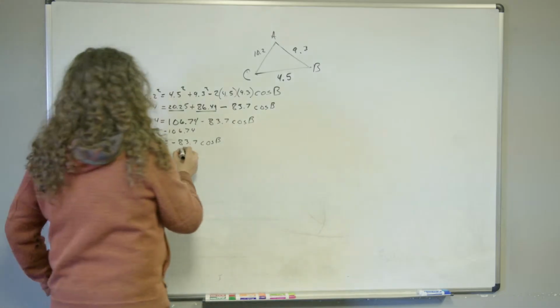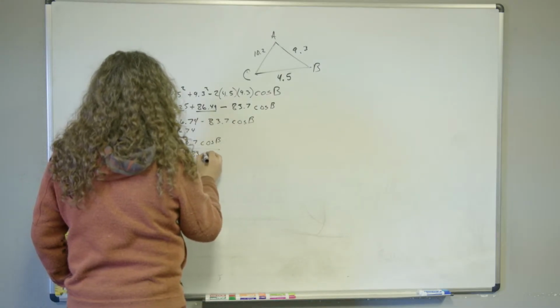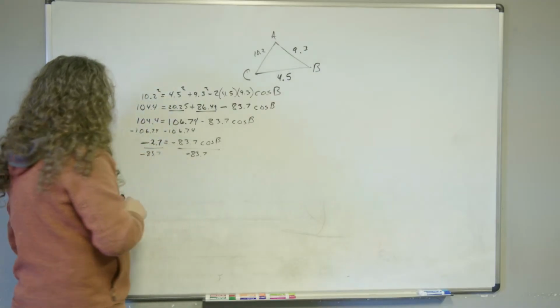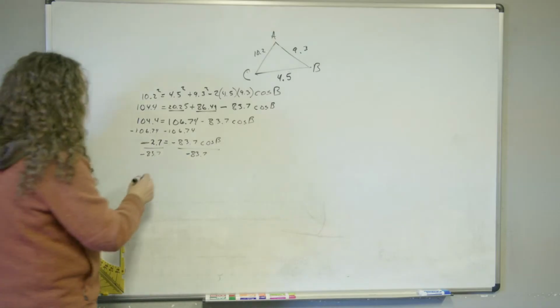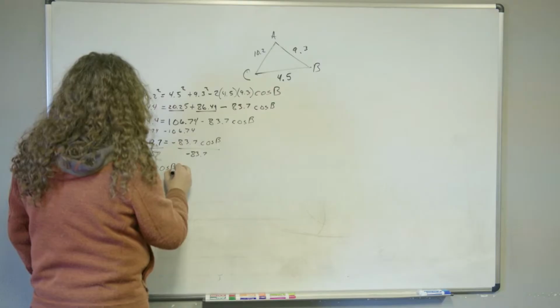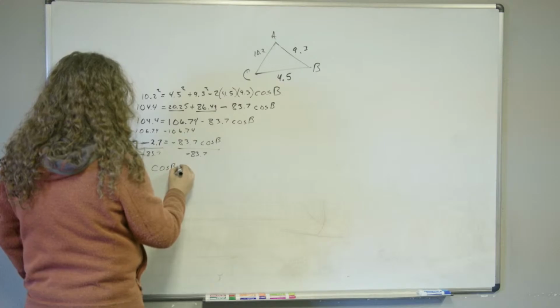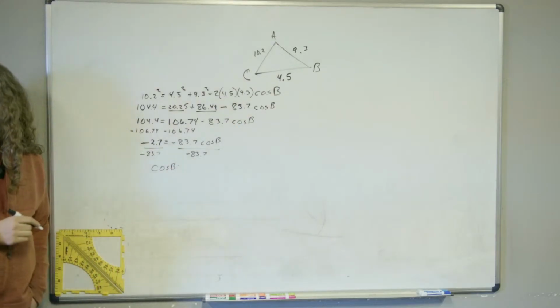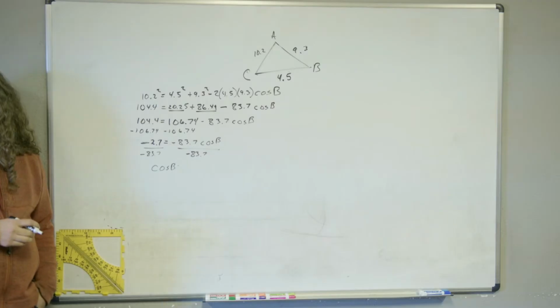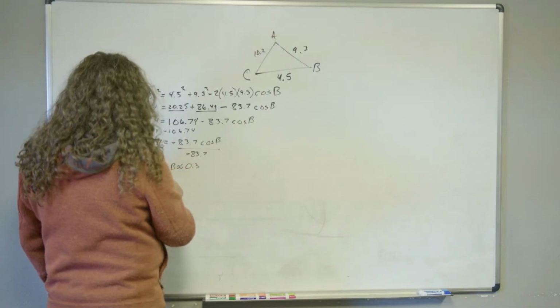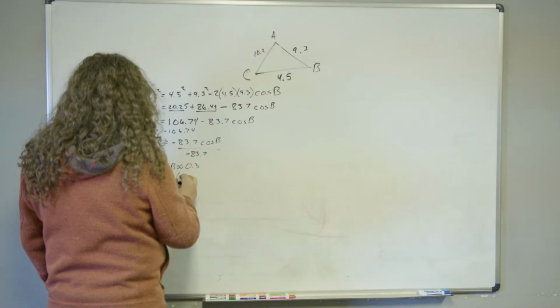Divide. What is negative 2.7 divided by negative 83.7? It's positive. Then what is the inverse cosine of that?